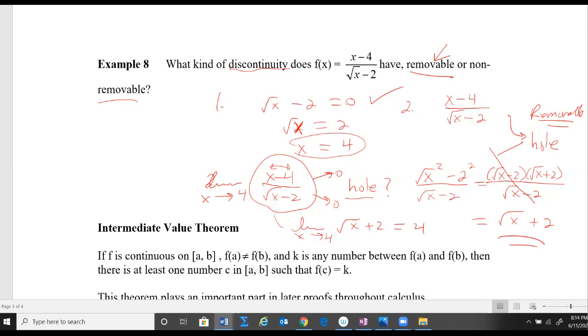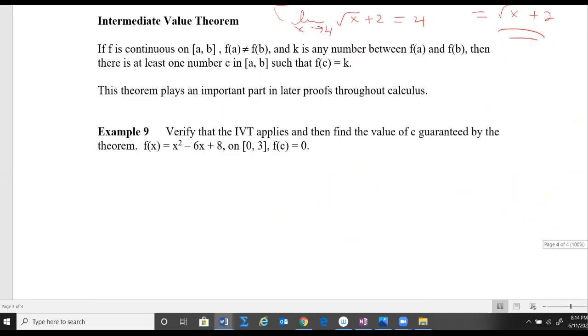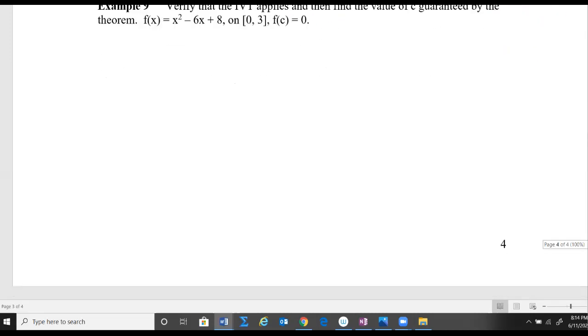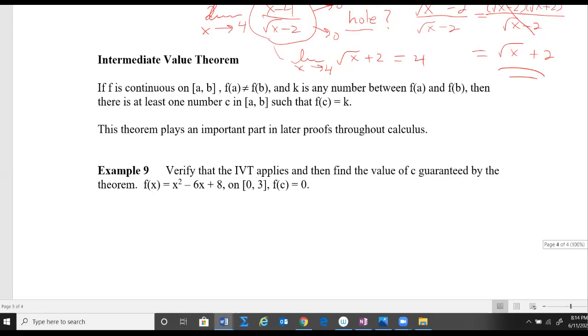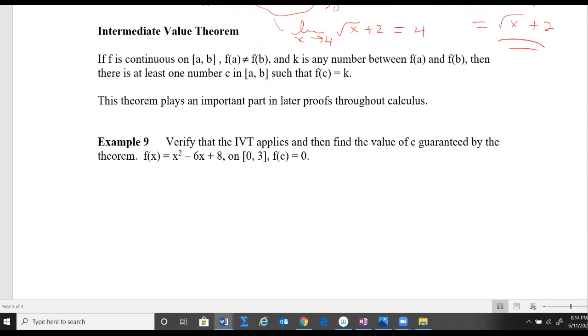Okay, so let's do, I think, one more thing to do here. Intermediate value theorem. Now, this one's more theoretically important for proving things about very basic concepts, but important nevertheless.